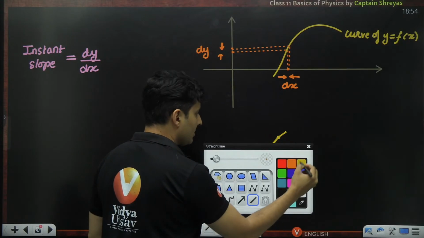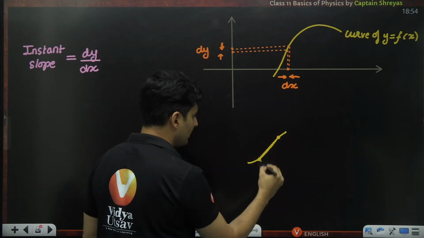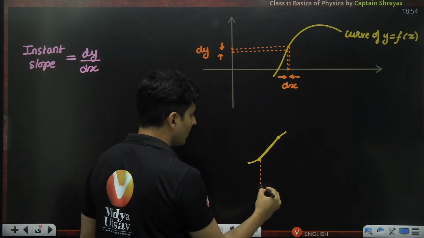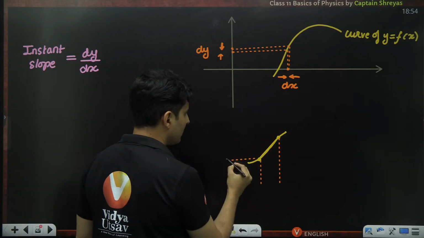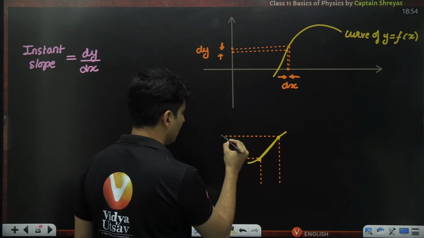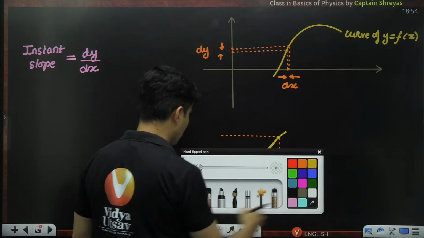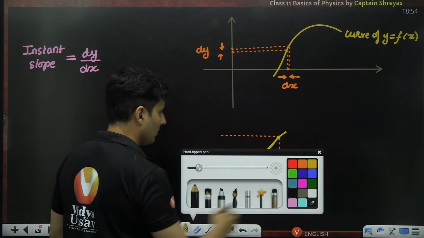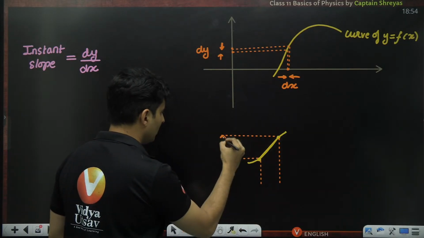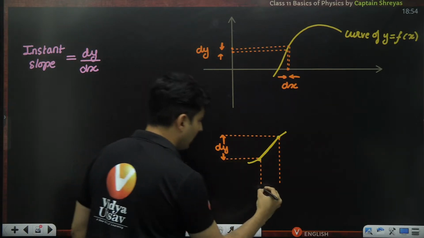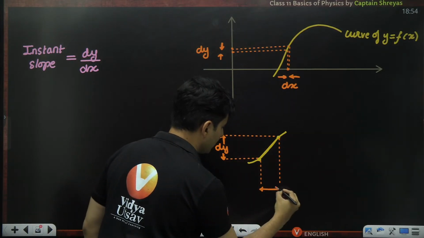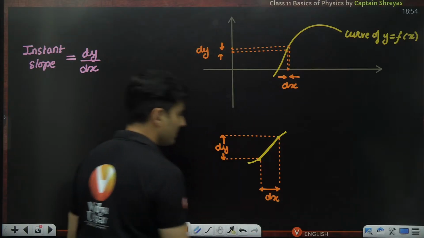The distance between these two points, like this here, let me put it here, guys. This was basically dy, is that right? And this was basically your dx, is that right?